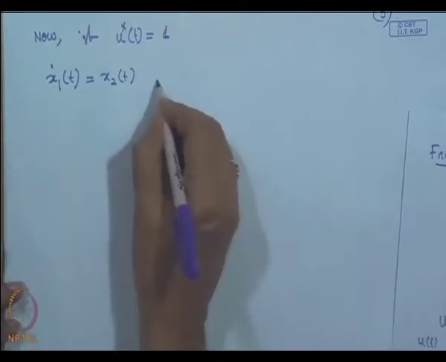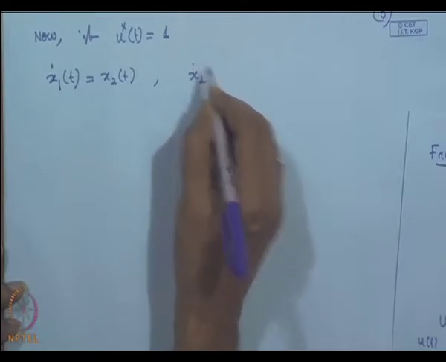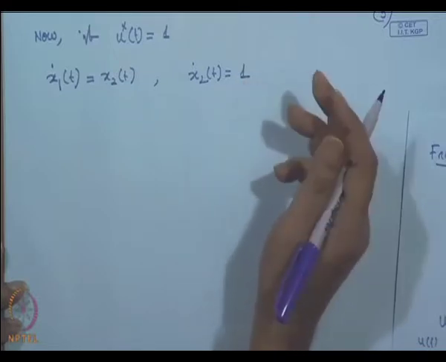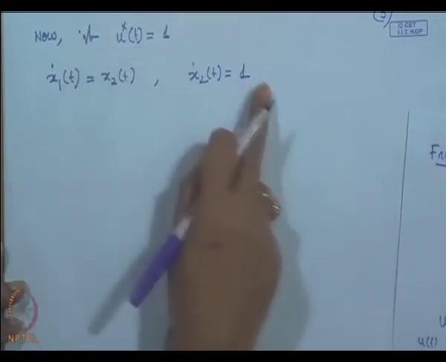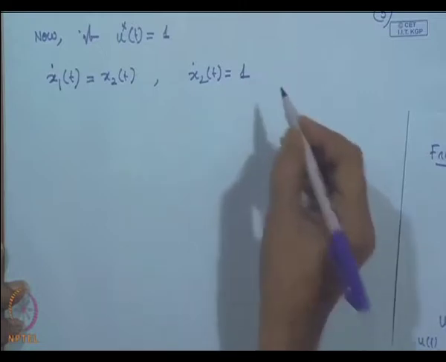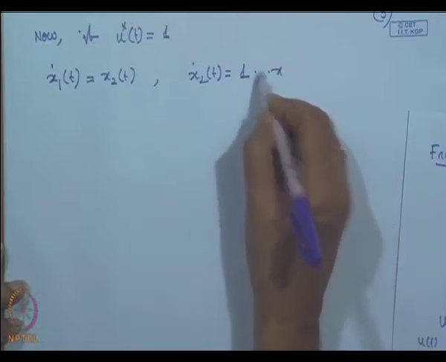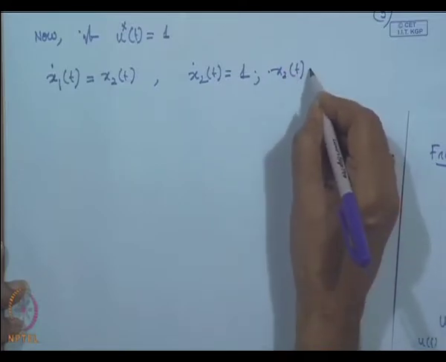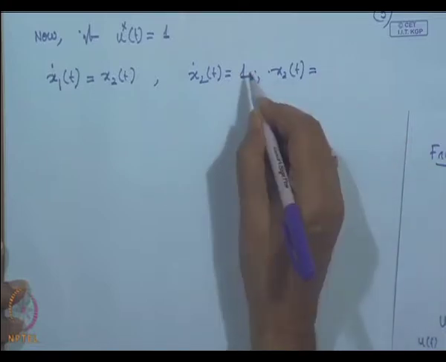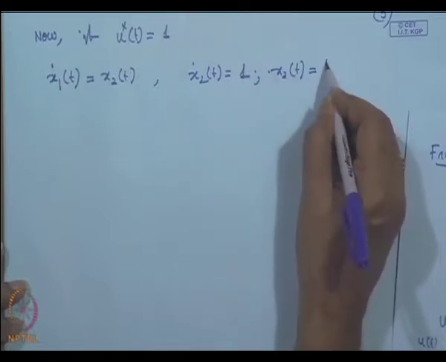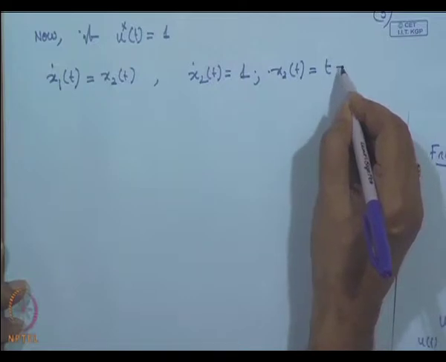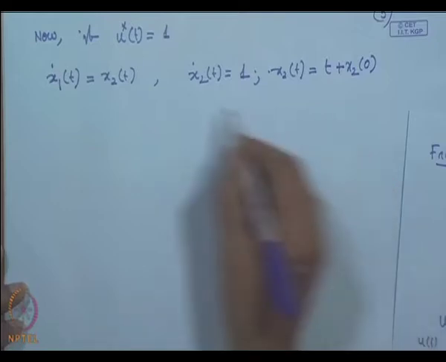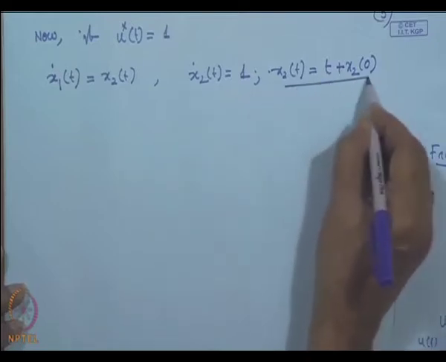Then x 2 dot of t is equal to 1, because x 2 dot is equal to u is equal to 1. So, what is the solution of this one? The solution of x 2 of t is equal to the integral of dt, that is t plus x 2 of 0. So, this is our solution of x 2.